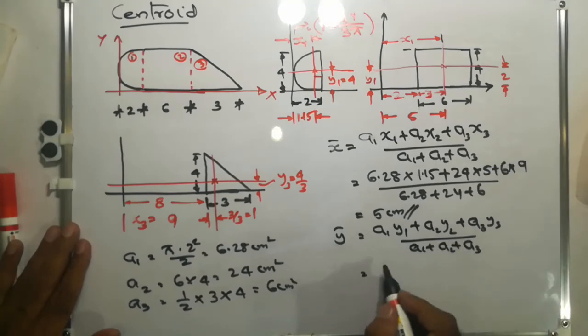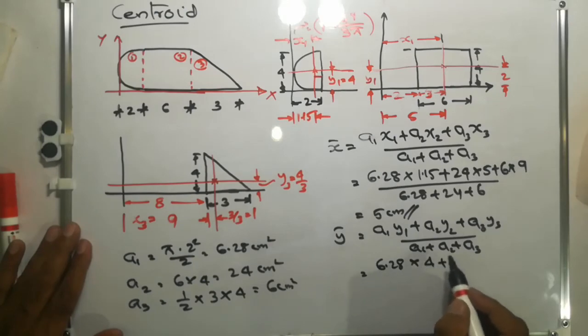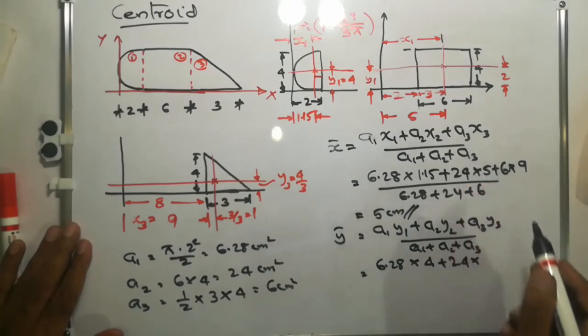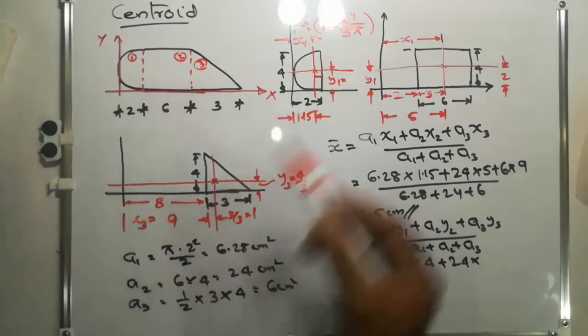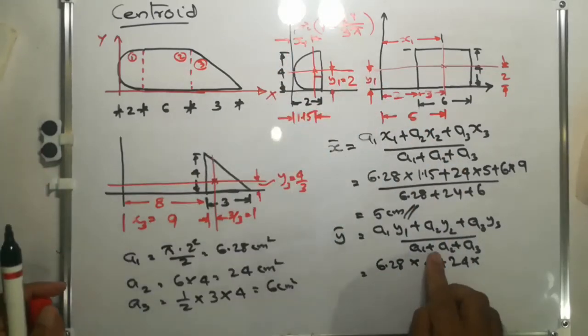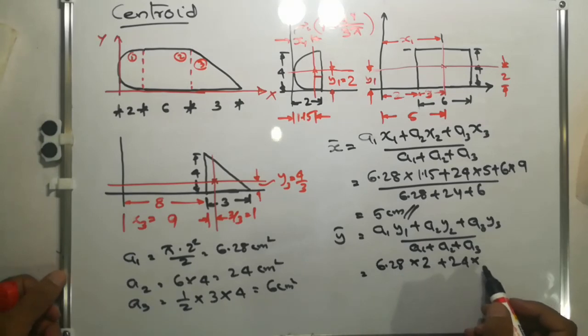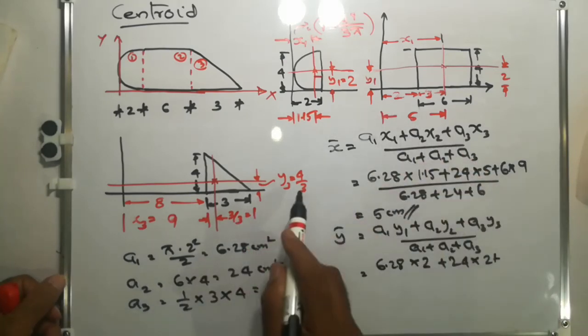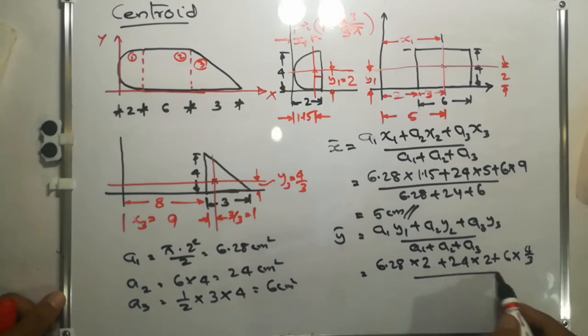So this is 6.28 into y1, sorry, y1 is actually 2 because 4 by 2, so here it should be corrected as 6.28 into 2, plus 24 into y2 which is again 2, plus a3 which is 6 into y3 which is 4 by 3, divided by 6.28 plus 24 plus 6.